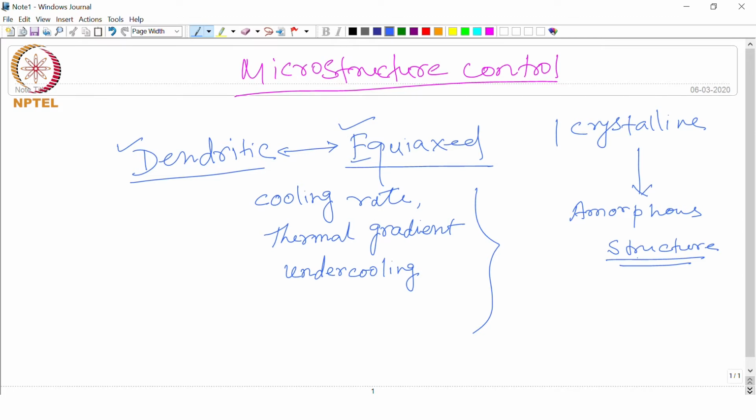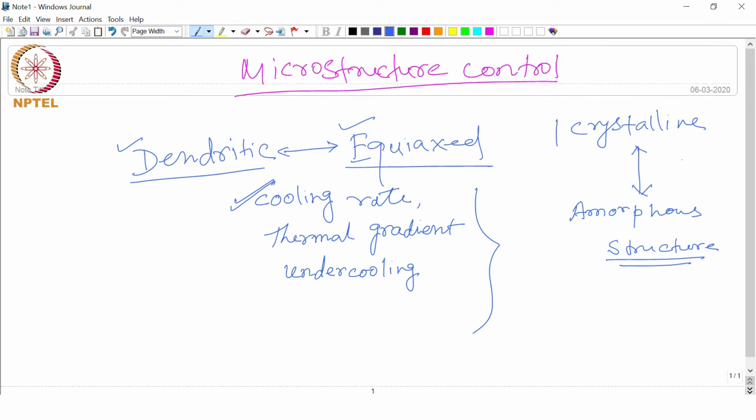And in the last class, I briefly told you as to what could lead to this transition between a crystalline solid to an amorphous solid as far as the process conditions are concerned. And we had seen that the cooling rate has a great influence in this particular transition.